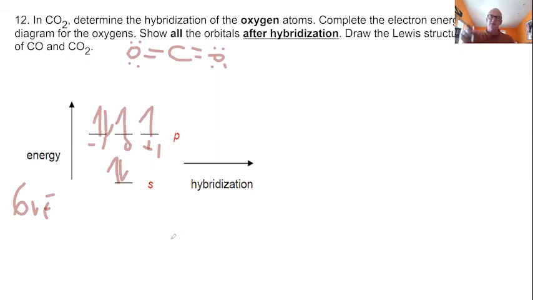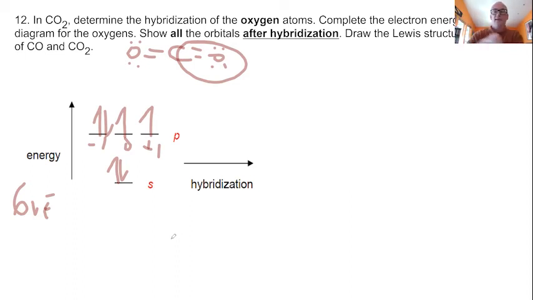Let's see what kind of hybridization we're going to need. How many regions of electron density are around this oxygen? 3, right, because I have one bonding region with the single and double bond, and 2 lone pair regions, for a total of 3.